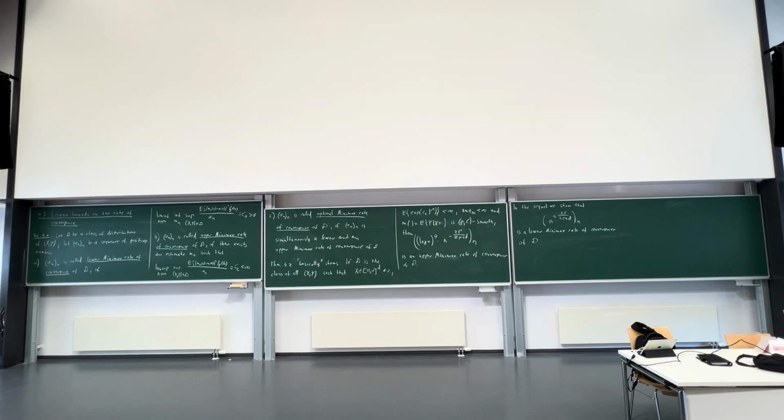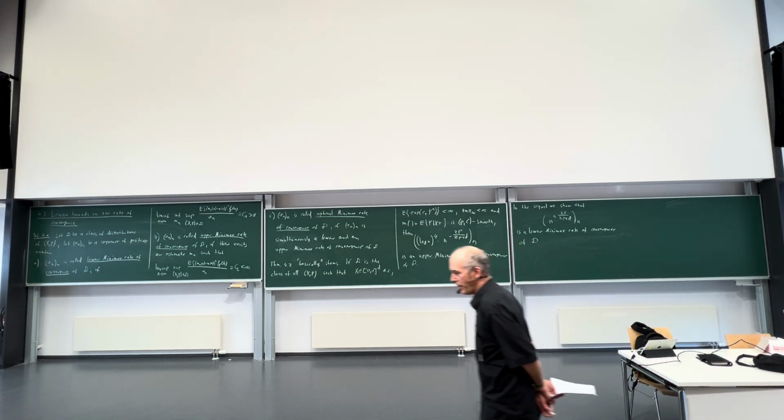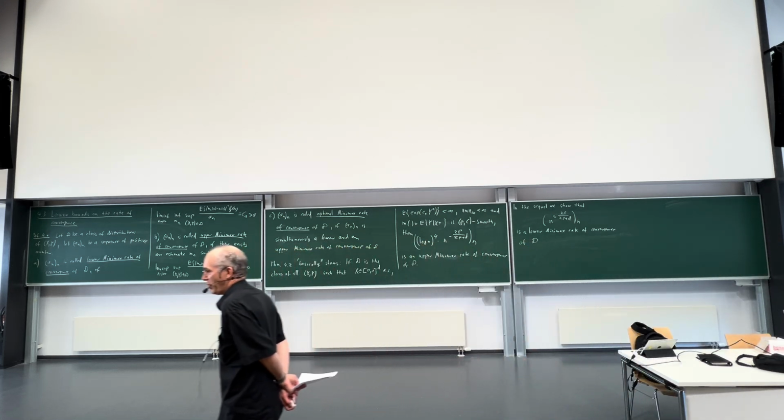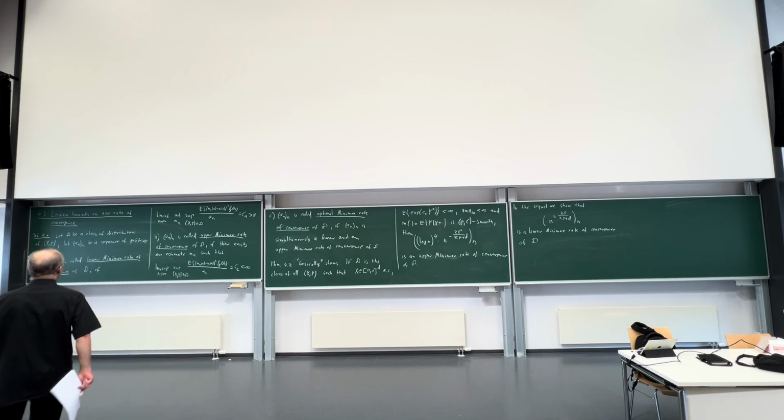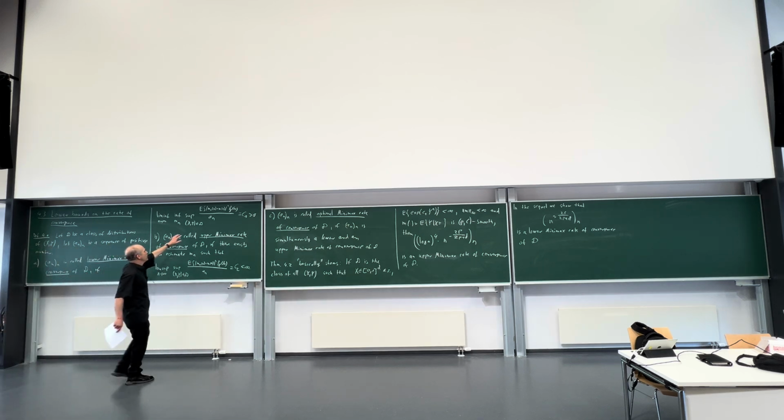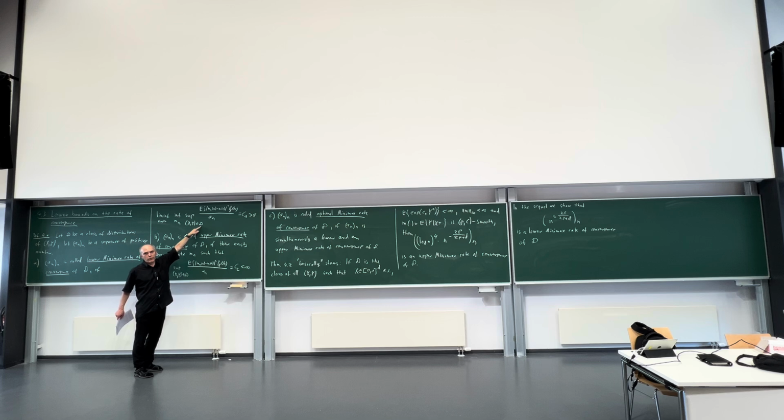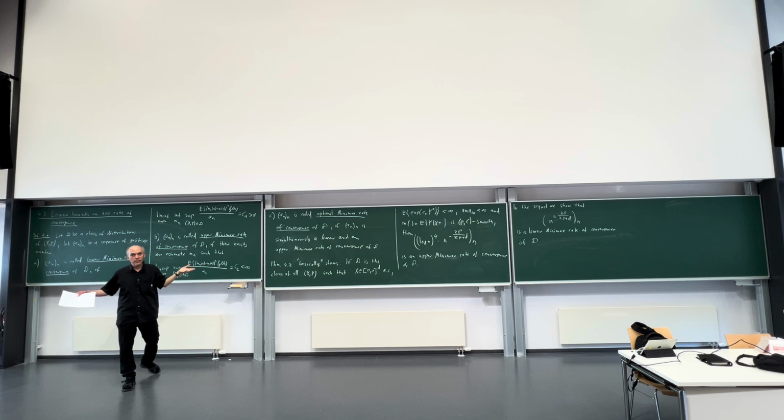And more precisely, we will not show that's a lower minimax rate of convergence of D in general, because if you have a lower minimax rate of convergence for one class of distributions, then of course it is also a lower minimax rate of convergence for any superclass of this class. So you can make D larger.